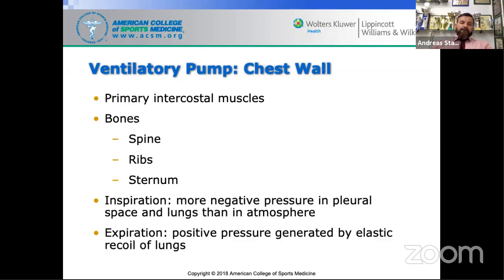In order to take air in, we have to have some negative pressure in the pleural space and lungs so that the air comes in. Once they're equal, it stops. And then we'll see how it happens with the elastic recoil of the lungs. The air will come out, and that will be a positive pressure, right? And then it stops, and then we go again, and again.